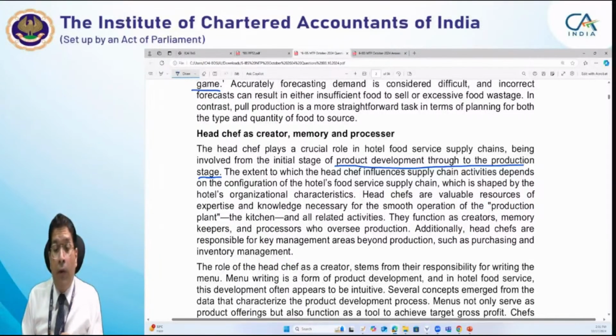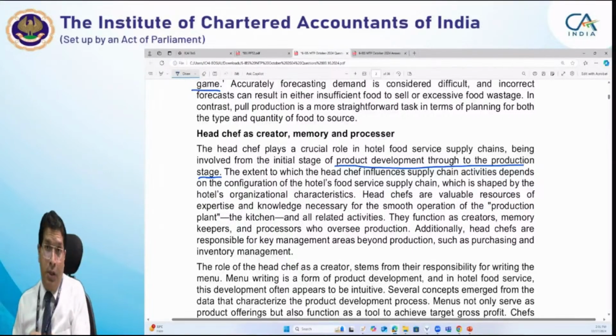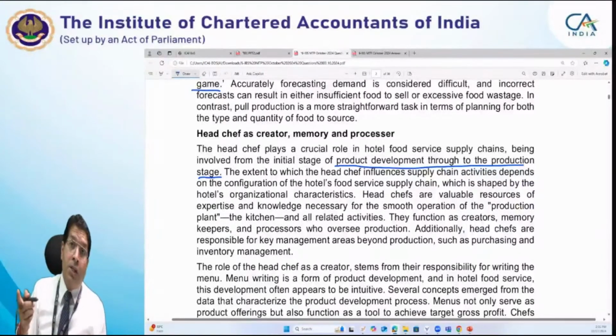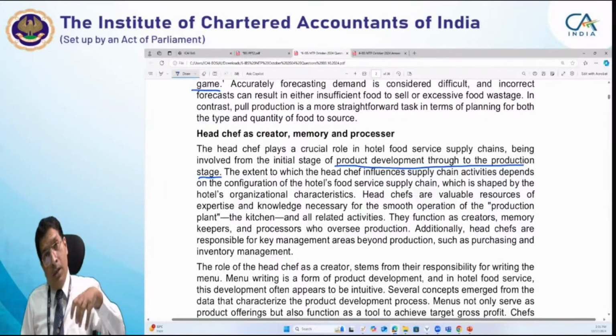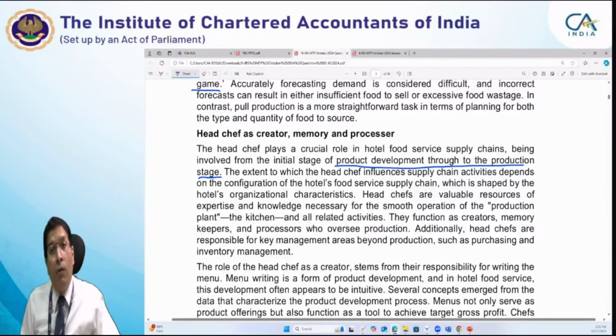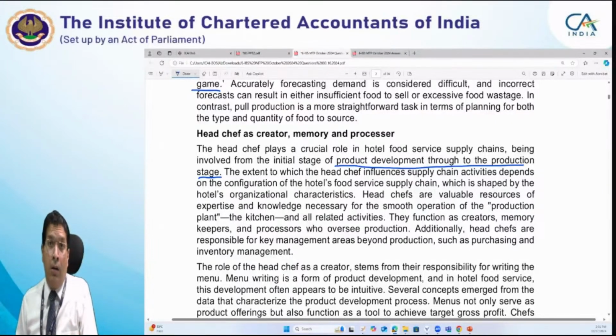There is difference between product development and production stage. Production stage is later stage of product development. In product development, there is idea. You have to convert that idea into actual production.